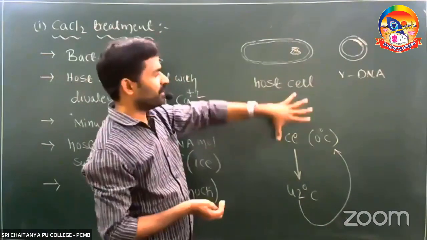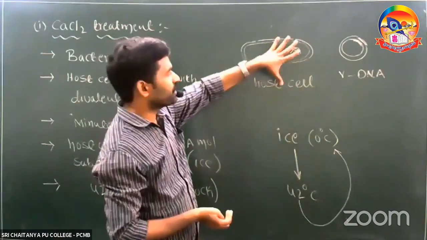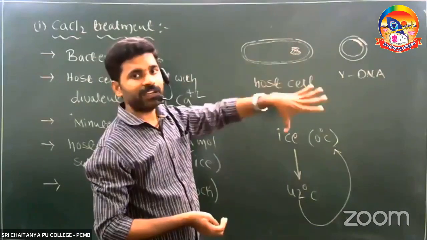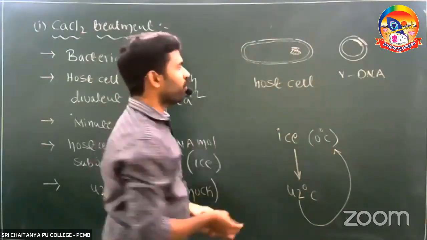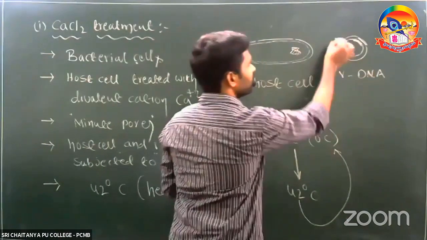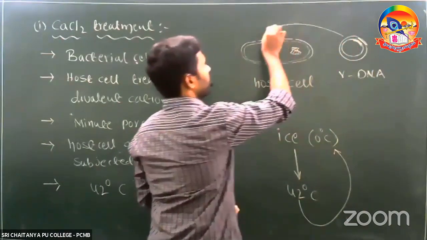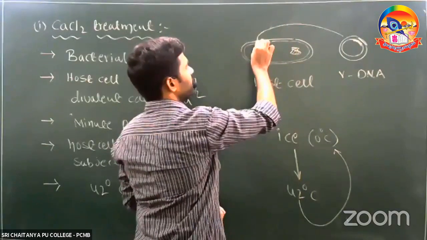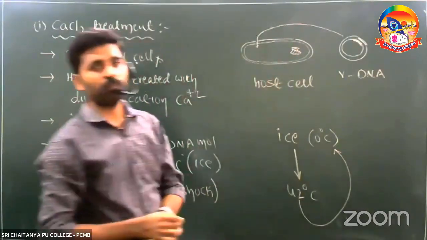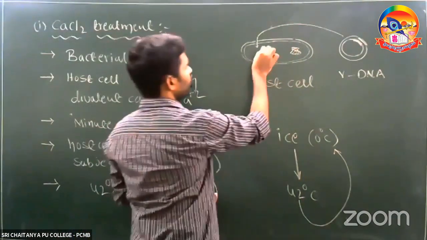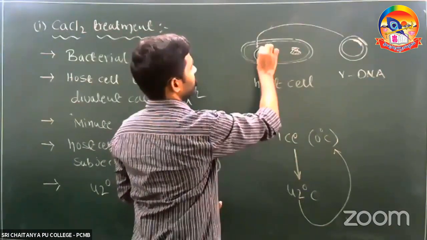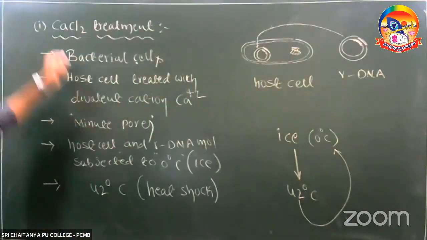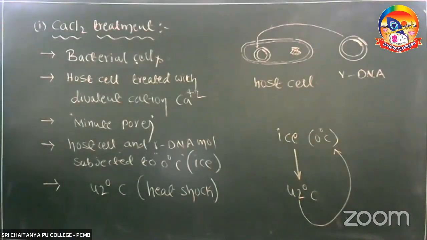So in this process, the host cell is ready to accept or receive rDNA molecules. When we apply some force or pressure to the rDNA molecule, automatically it enters the bacterial cell cytoplasm through pores. We call it calcium chloride treatment.